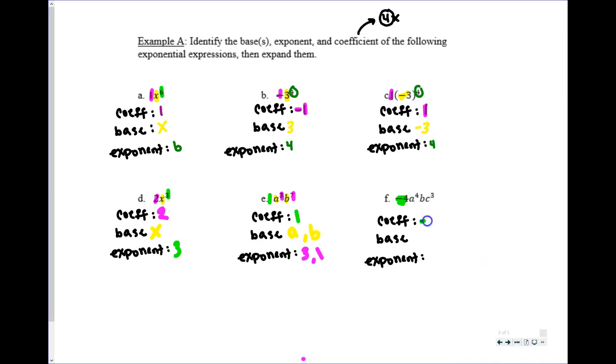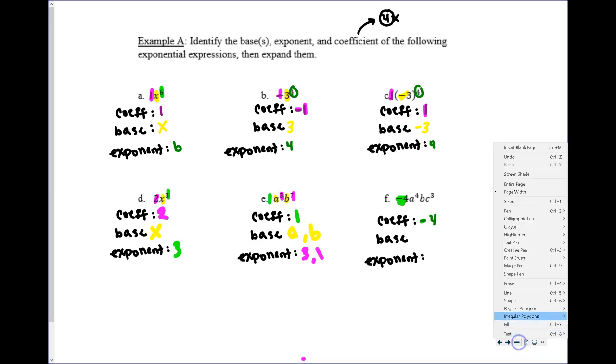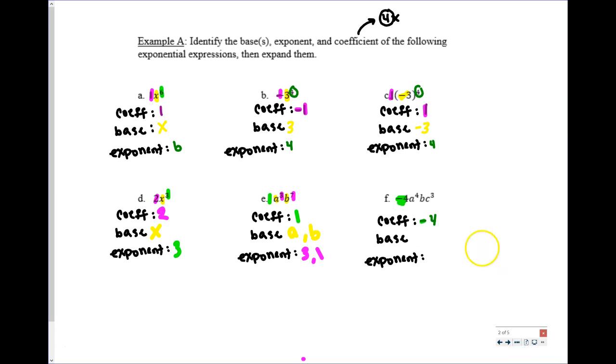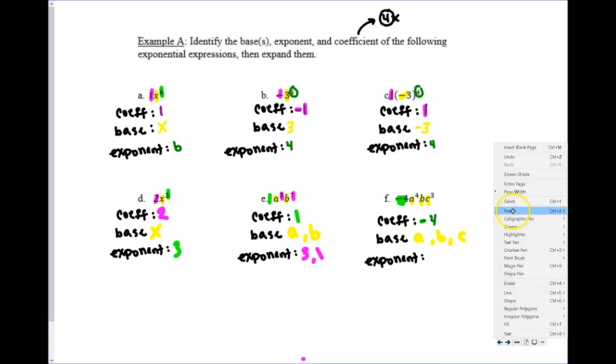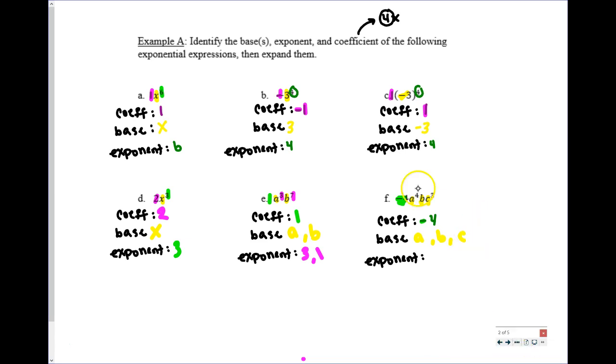-4. My bases, I've actually got 3 of them. I have a base of A, a base of B, and a base of C. So we're going to write all those down. A, B, and C are my bases. And here's where something very strange happens. I know that I have a base with an exponent of 4, but I don't see an exponent with B. And anytime you have a term but you don't have a number with it, that's an invisible 1.